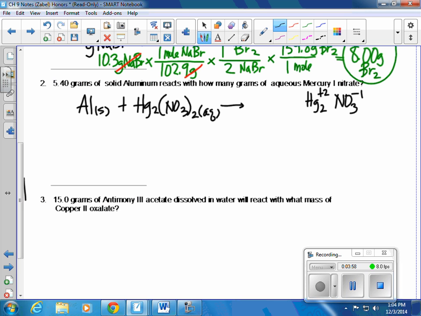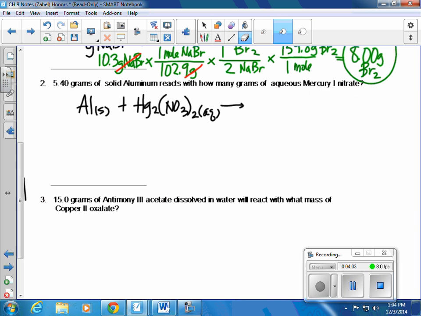If you step back and look at that, hopefully you're thinking to yourself that this is a single replacement reaction. So that aluminum is going to bond with my nitrate and make aluminum nitrate. Aluminum has a +3 charge. Nitrate again is -1. It's aqueous.